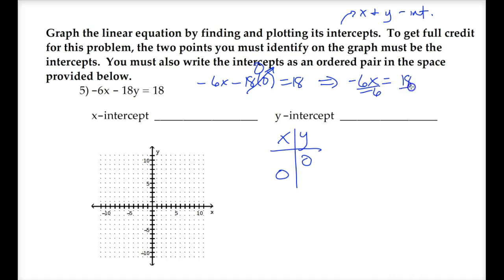And if we divide both sides by negative 6, we see that x just ends up being negative 3. So that means that a negative 3 would go here. And thus, your x-intercept is the point negative 3, 0 on your graph. And if you look, that would be right here if you were drawing.